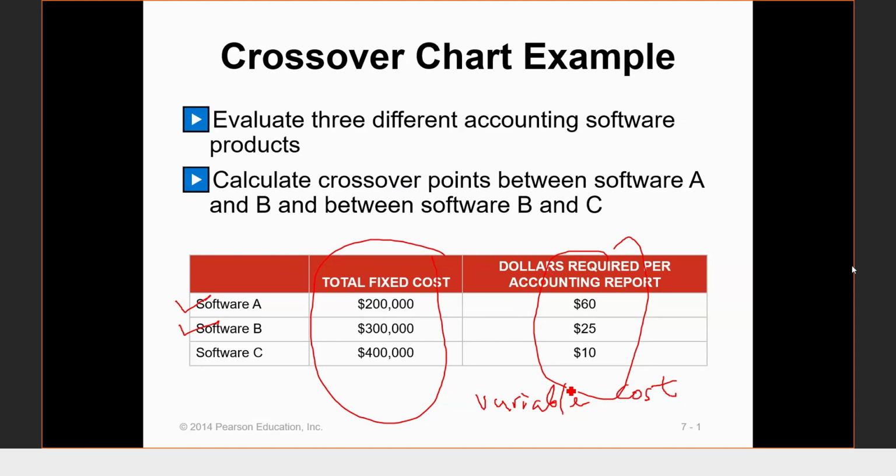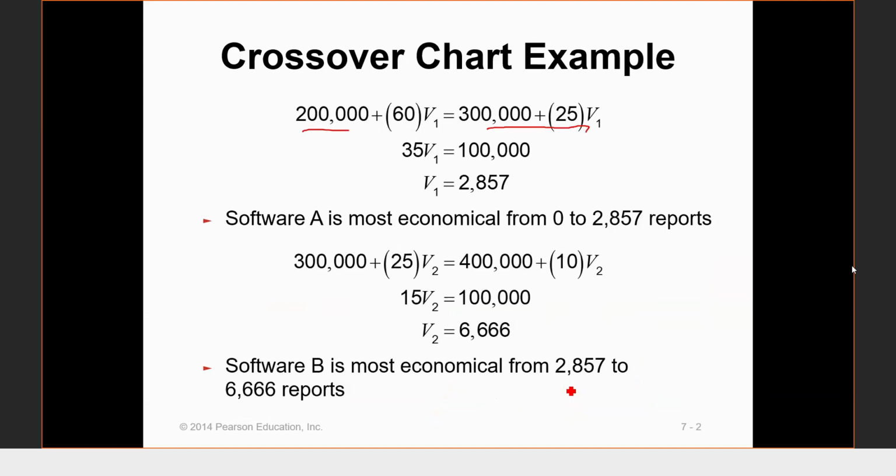We want to know where is break-even, which is the minimum number that we need to use this software so that we will be equally no loss and no profit. So this is software A, this is software B.